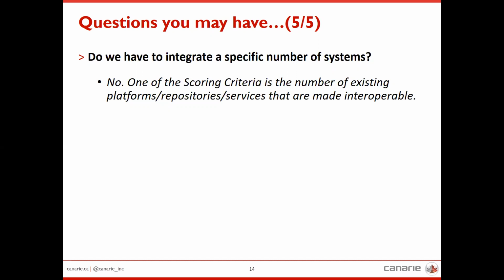So for example, the number of systems that will be considered, the reflection of enhancement of interoperability in terms of one or more of the functional layers. So those are two differences that weren't part of the review and evaluation in the first call.